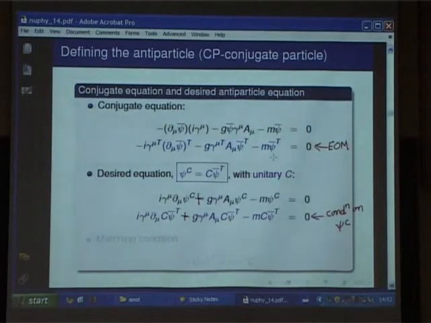I take this equation. Okay. So let me write down the equation on the sticky.